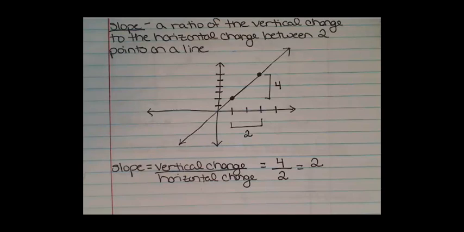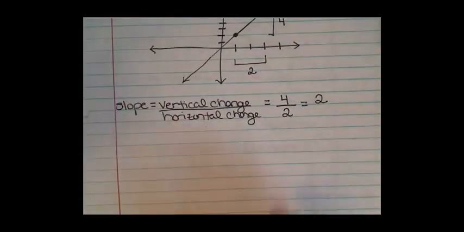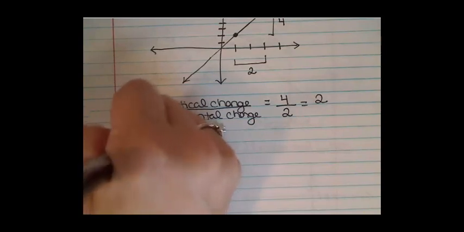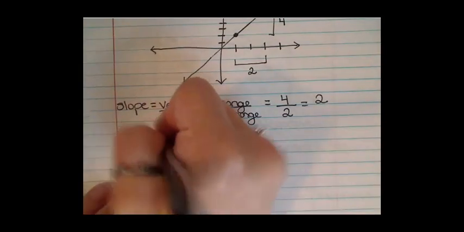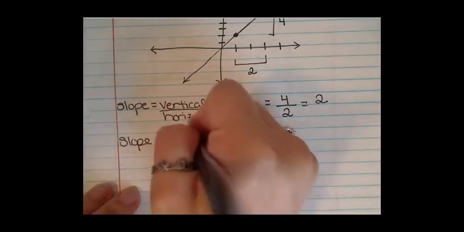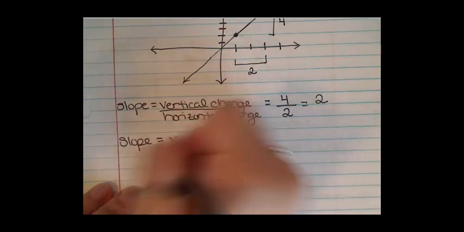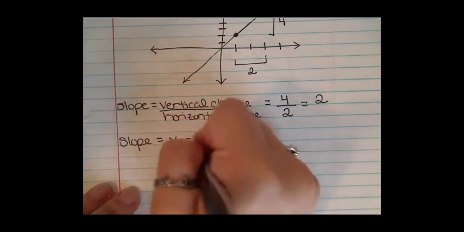Now that's kind of the mechanics of how it works, but that's not really how you're going to use it. You're not going to sit there and count on your graph. We have an actual slope formula that you're going to use, and that is y2 minus y1 over x2 minus x1.